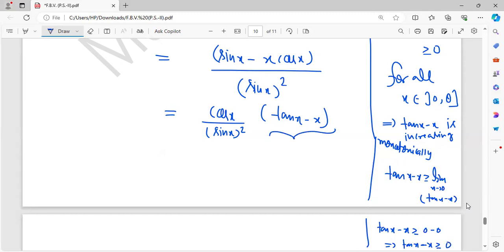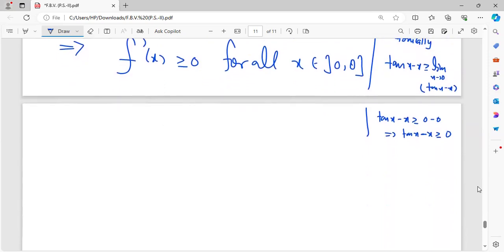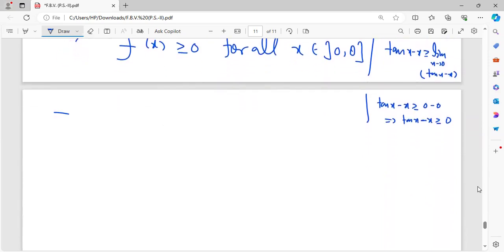So if this is non-negative, and cos x is non-negative, sin x is non-negative, it means the derivative f dash is non-positive for all x belonging to (0, theta). So this implies f is decreasing on (0, theta].